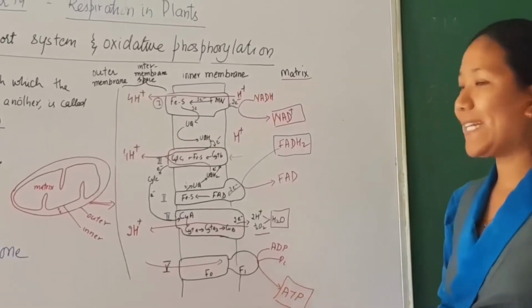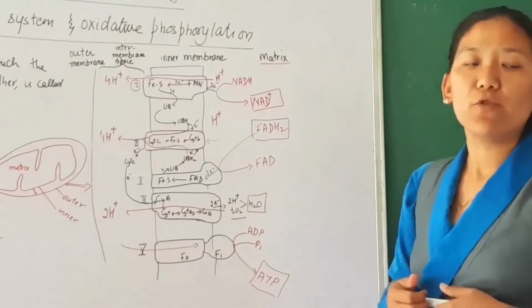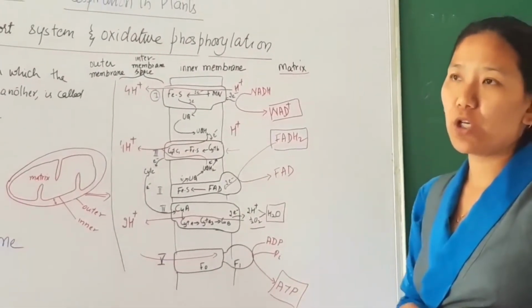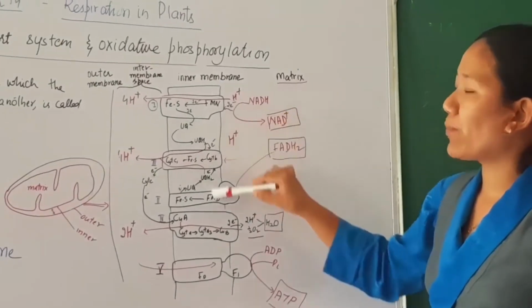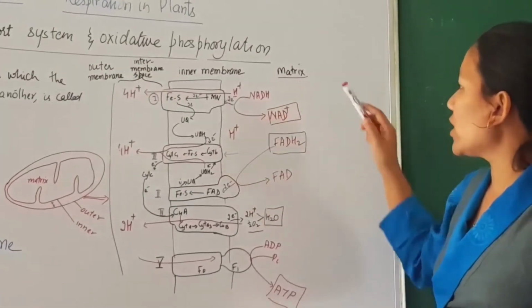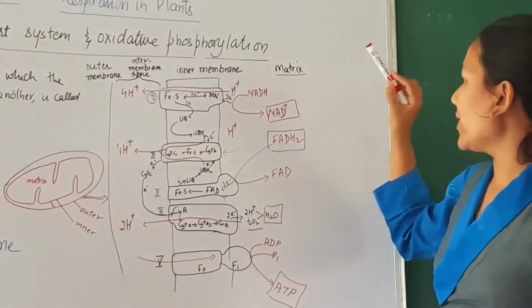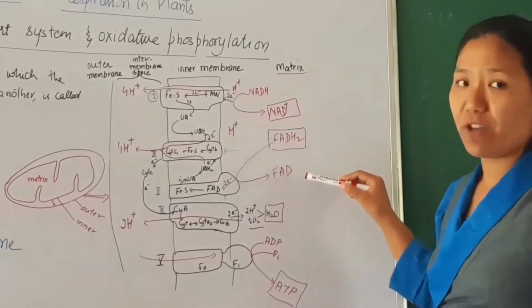So we know that ATP synthesis is called phosphorylation, and here the ATP synthesis is because of the oxidation and reduction taking place here. The oxidation and reduction is again driven by the source of electron, that is NADH and FADH2.